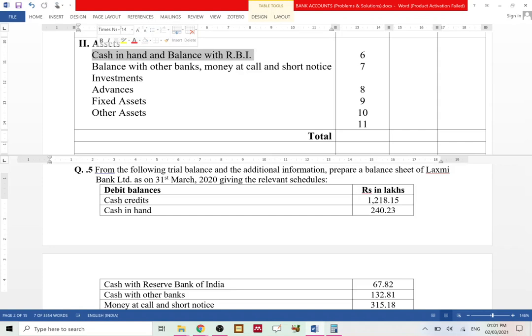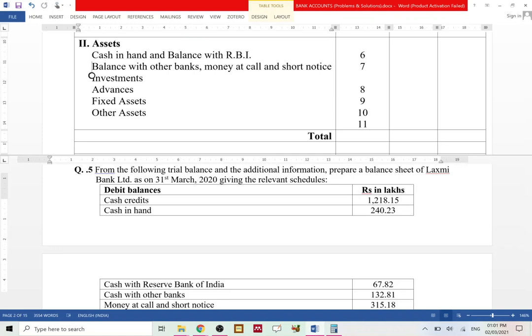We know that there is something called a cash reserve ratio. Of all the cash which is held by the bank, a certain percentage has to be maintained with RBI, and that amount cannot be given in the form of loans. Then maybe the bank has given some money to other banks.